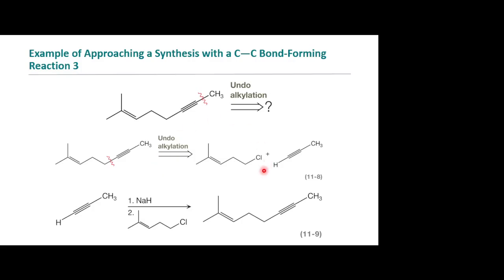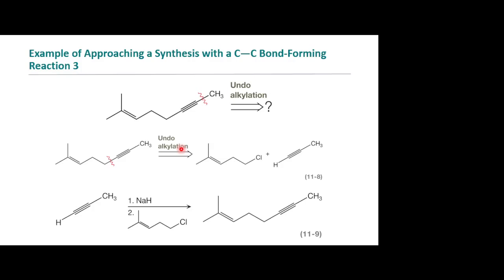So what we can do is use the same reaction we talked about before, where it would have been this undo alkylation. Notice that we don't have to specify all the reaction, like the solvent. We don't have to specify the exact species we're going to use for these reactions. We don't have to say, hey, we're going to use a hydride here. At this point, we're in the planning steps, so we just specify that we're going to undo that alkylation.